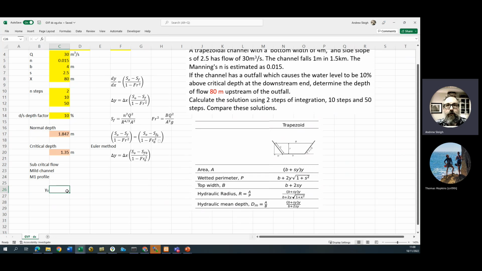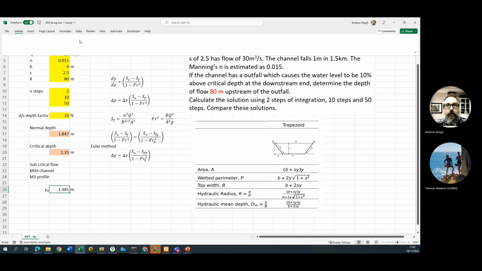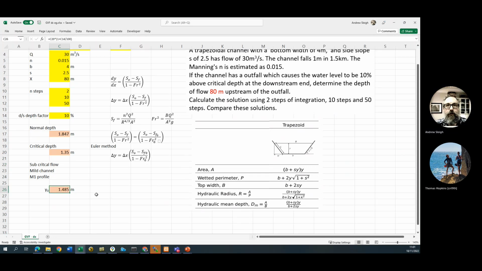So y naught will be equal to the critical depth times 1 plus 10 divided by 100, and that should be a little bit above critical depth. I'll use the same indicator that we've just calculated that. So we're going to iterate from 1.485 meters, 80 meters upstream, to find out what the depth is.